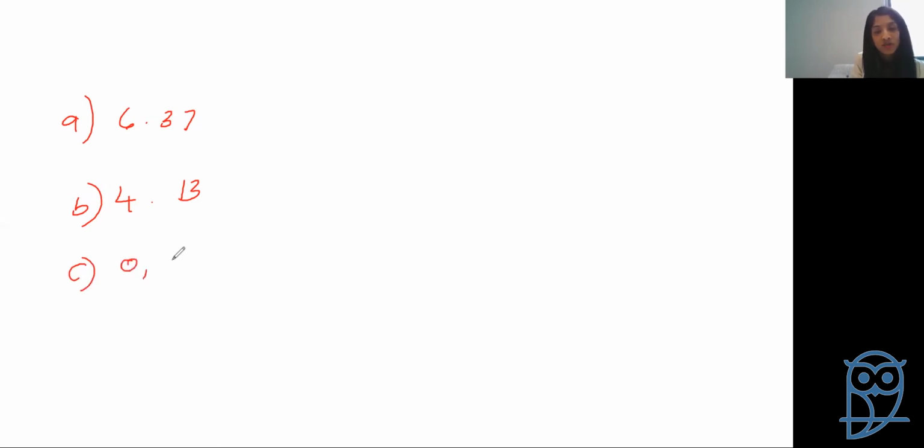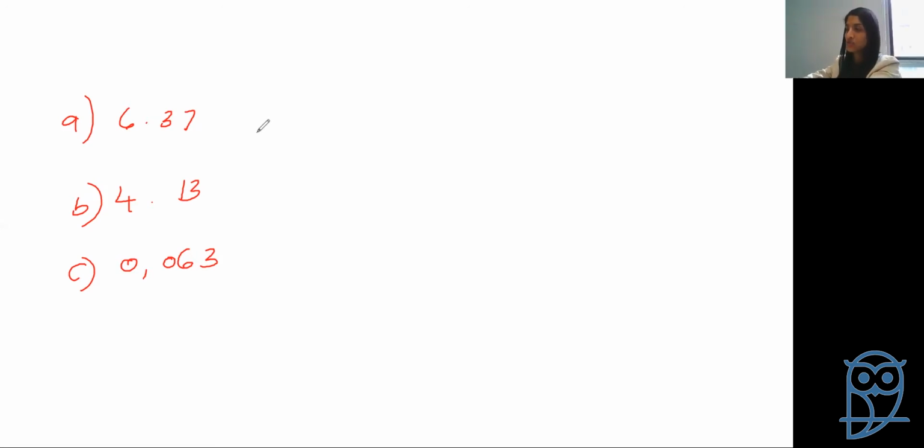Okay, now let's round off some of the numbers to decimal places. So I'm going to round off 6.37, 4.13, and 0.063. Now, how will I round each of these off to 1 decimal place?